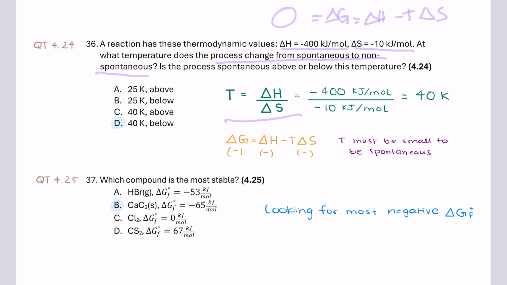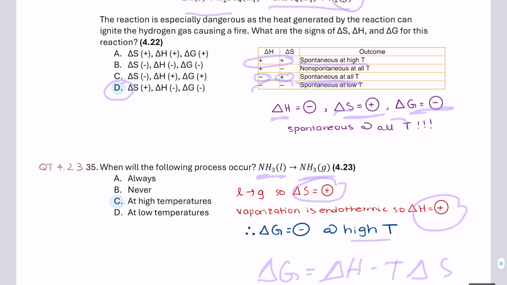So we have to ask a follow-up question. Is the reaction spontaneous above this temperature or below it? To answer this, we need to think about the signs of delta H and delta S. In this case, both are negative. That means that the reaction is exothermic, it releases heat, and it also results in a decrease in entropy. Now, when both delta H and delta S are negative, the spontaneity depends on the temperature. Specifically, at low temperatures, the negative enthalpy dominates, making delta G negative, and the reaction spontaneous.